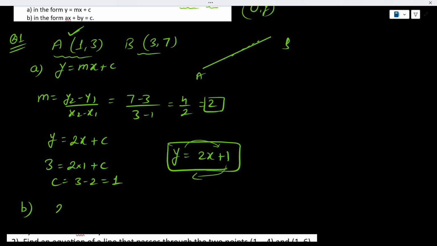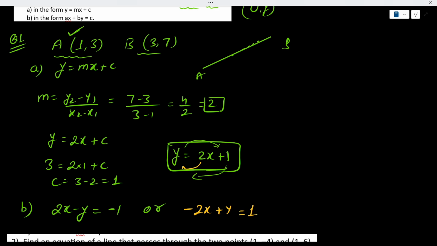I can write this as 2x minus y equals minus 1, or I can do y minus 2x, so minus 2x plus y equals 1 also. Here the sign can change, because I can transpose 2x also to the left hand side, and it is going to equal 1.